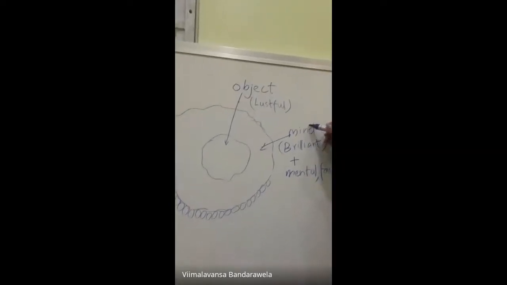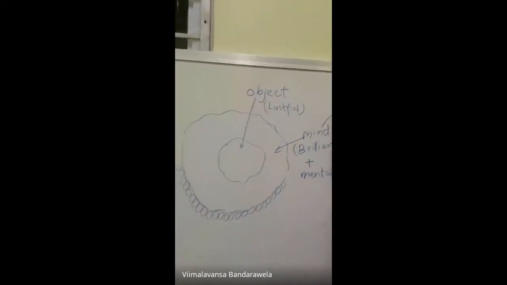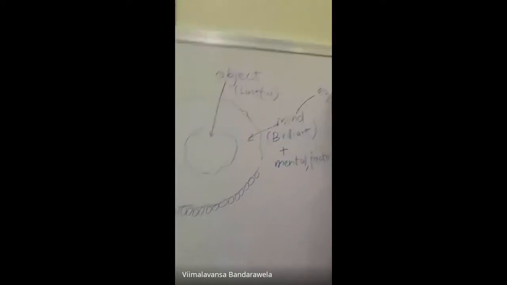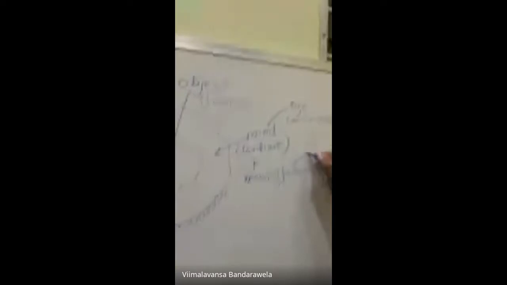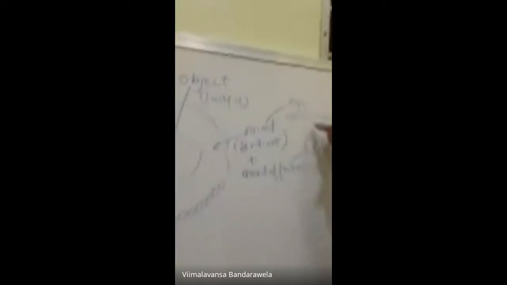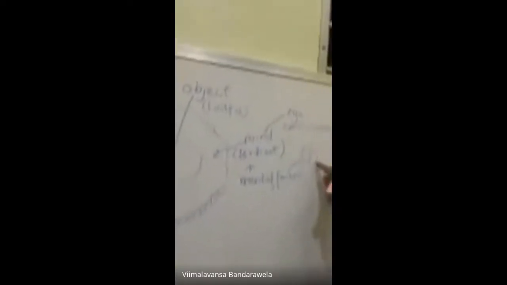How many? This is eye consciousness, and the eye consciousness is only one thing. With the eye consciousness, you have 7 mental factors, right?